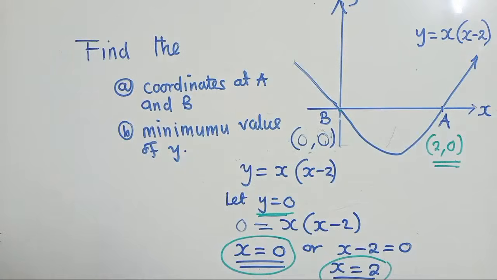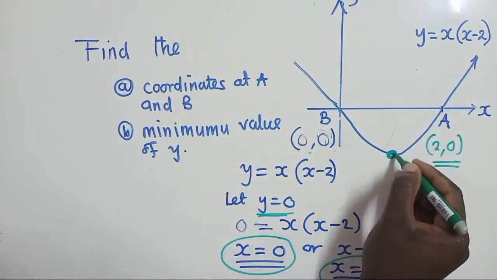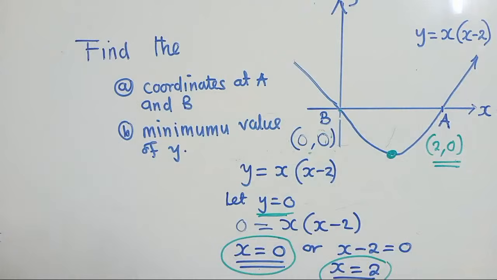I guess this is clear now. All right, so now we go to the next question where we have been asked to find the minimum value of y. So the minimum value of y will be right here at a turning point.